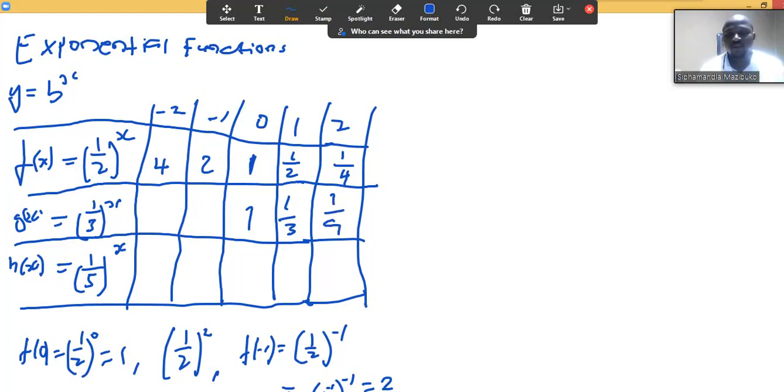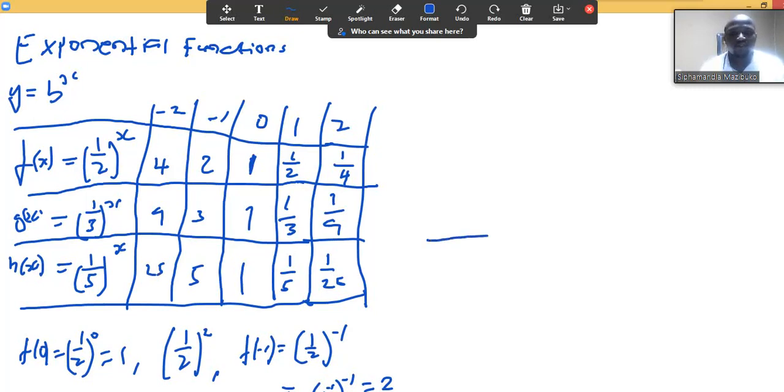If x is minus 1, then we'll have 3, then we'll have 9. The same thing happens for h: it remains 1 at 0, and we have 1 over 5 and 1 over 25, then 5 and 25.